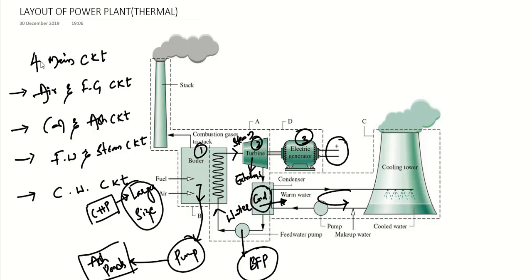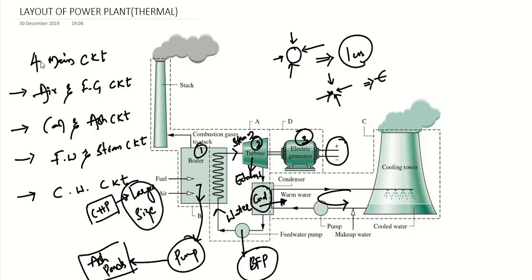Because when the size of the coal particle fed into the boiler is large, the surface area interacting with the flame will be large, thereby the energy released will be less. When the size of the coal particle is small, the surface area interacting with the flame will be less, thereby the cumulative energy obtained from combustion of coal will be more.